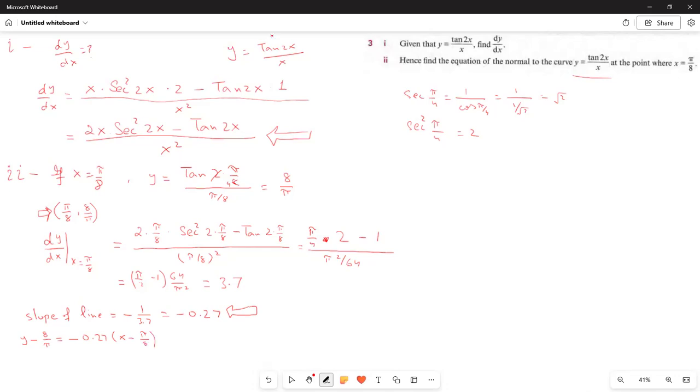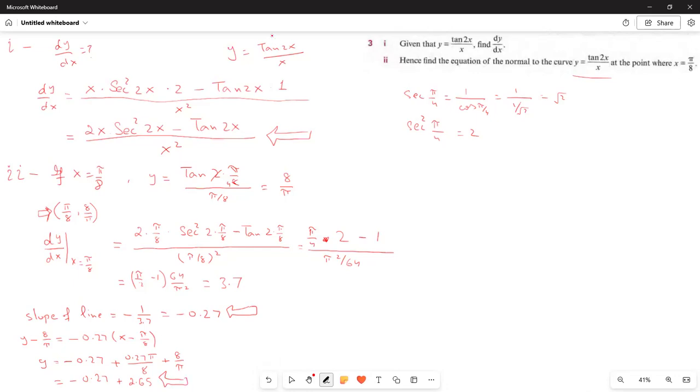So if I rearrange this equation a little bit, this is going to be y equals minus 0.27 x, and minus 1 plus 0.27 pi by 8, and it comes here plus 8 over pi. So this simplifies to be minus 0.27 x plus, and this whole thing is simplified as 2.65. So this is the equation of the straight line, which is our final answer.